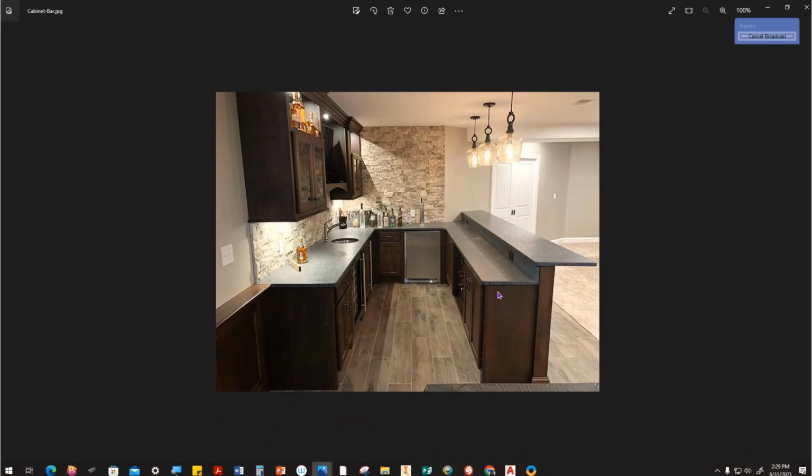You have the cabinet, you have the countertop, the backsplash, and then half a wall that doesn't go all the way up. Yeah, what I call half a wall. I think they call it pony wall. So over that you have another counter, and you can place a stool here and sit down and eat or drink merrily.